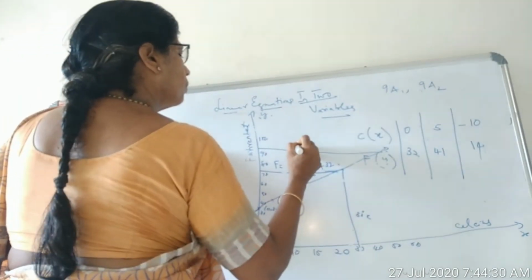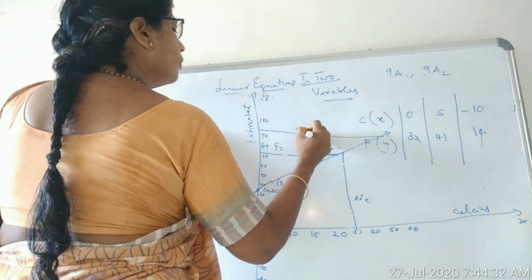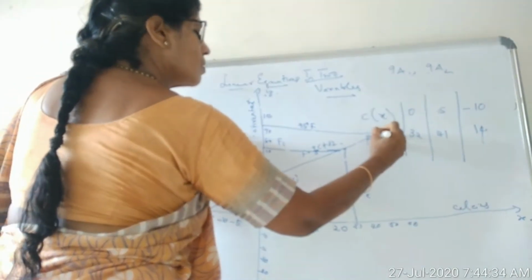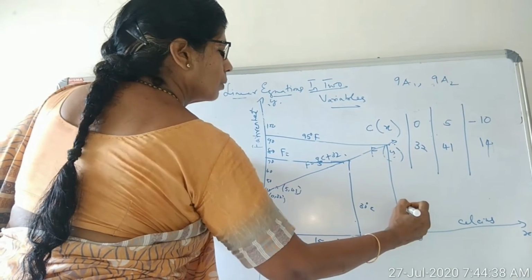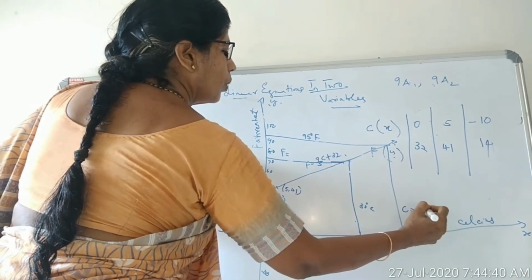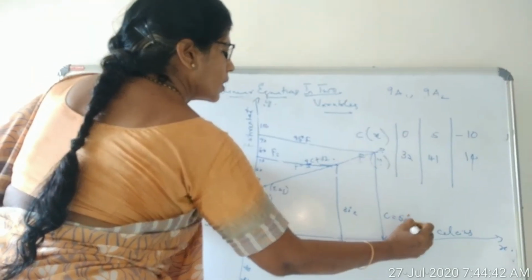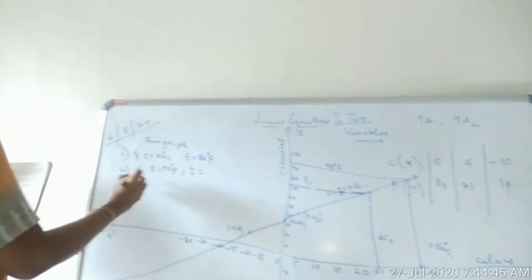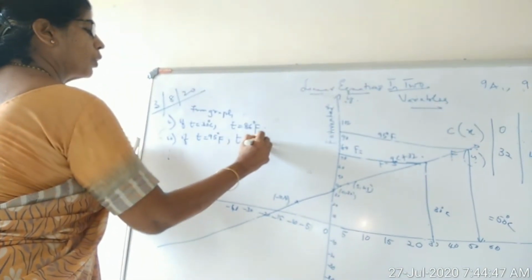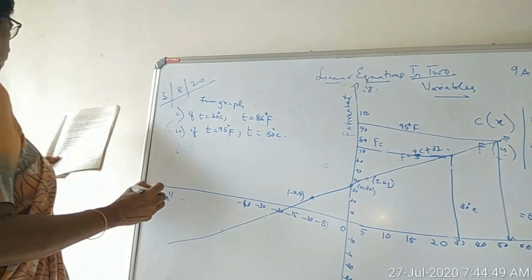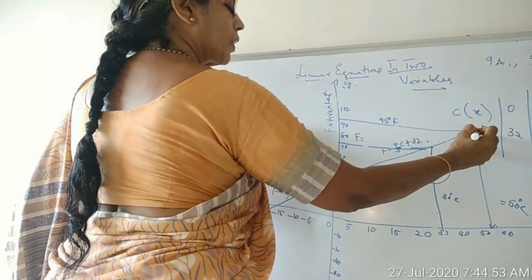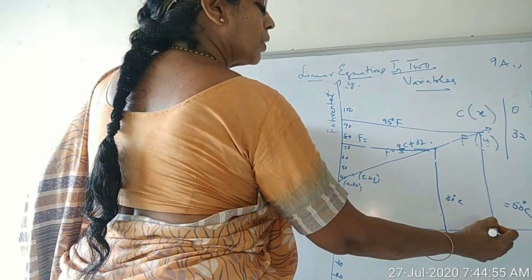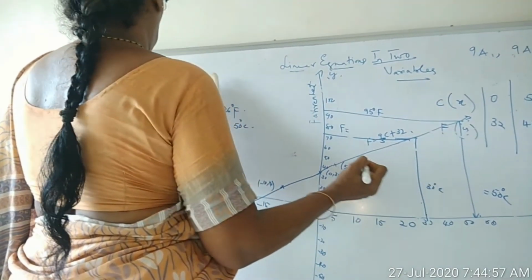From 95, draw a line from y-axis, children. See the corresponding value for x-axis. I got 50 degrees centigrade. C is equal to 50 degrees centigrade. At 95 degrees Fahrenheit, what is the temperature in Celsius?